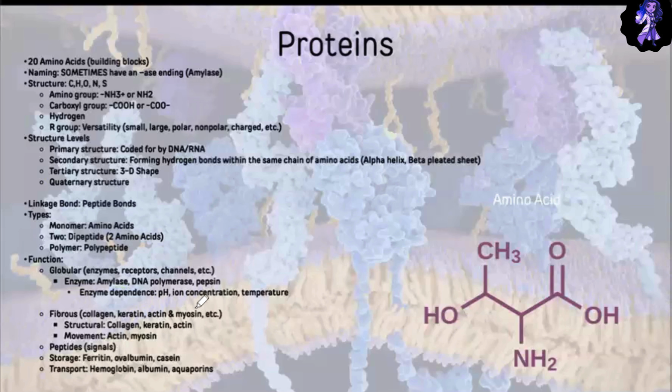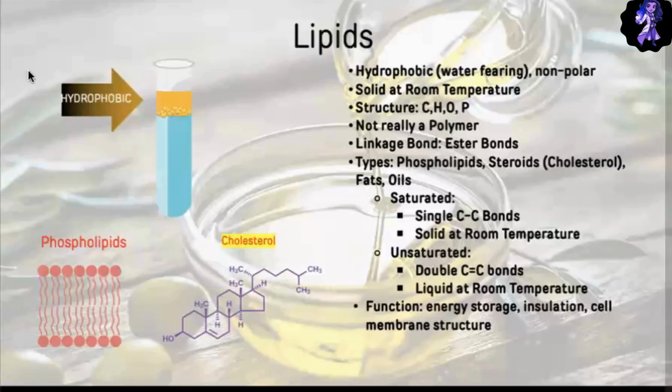And usually you can think of things that have some sort of change in them, such as pH, ion concentration, and temperature, which would dictate that there is some sort of change in the enzyme, which means essentially we're changing the protein. Now let's talk about lipids.